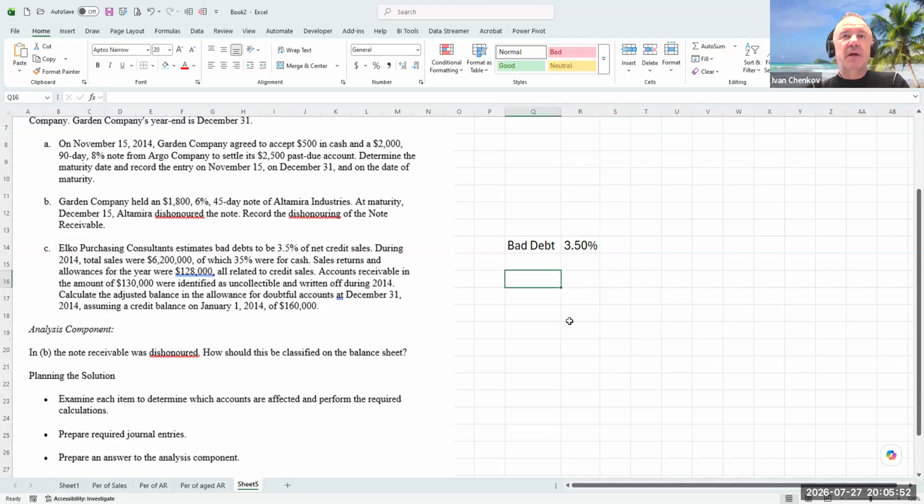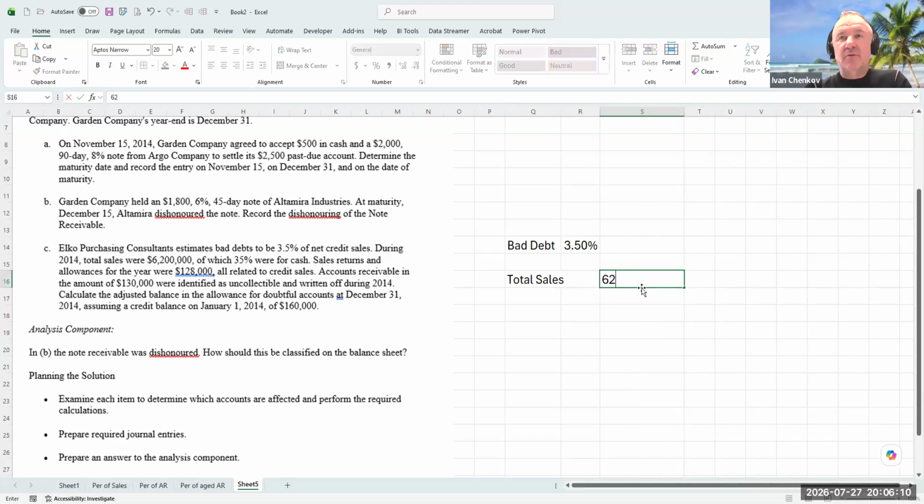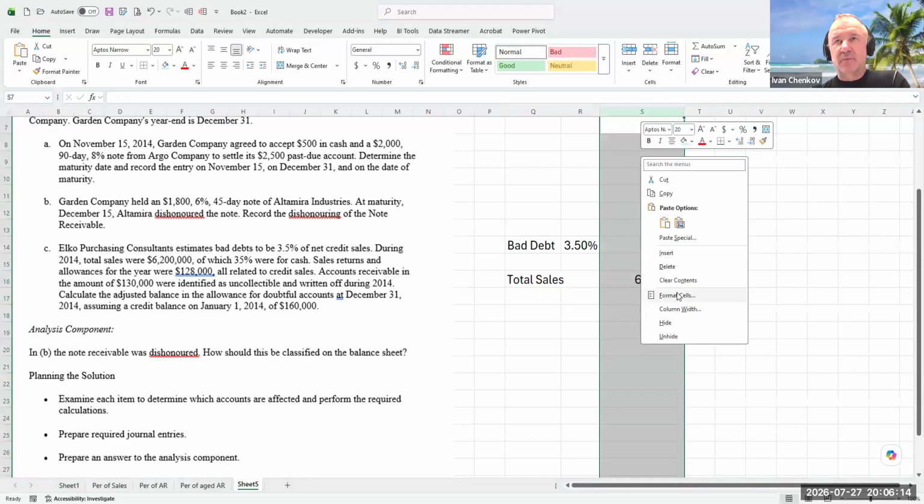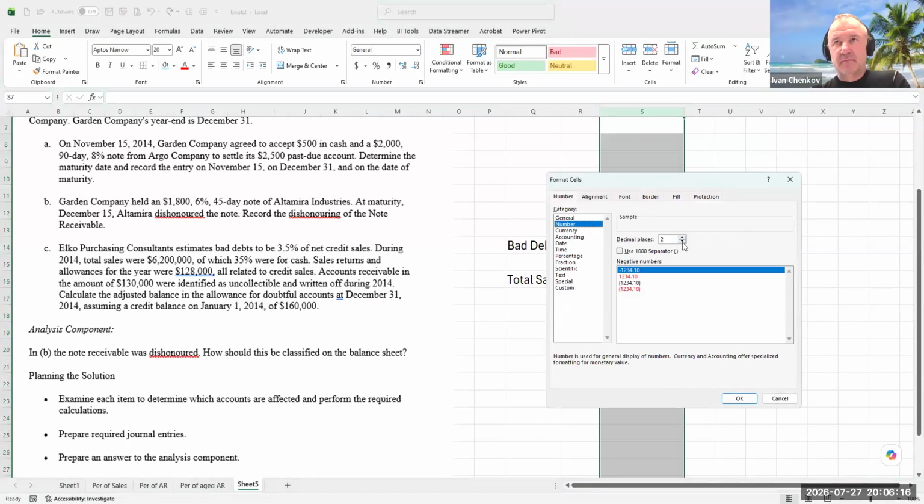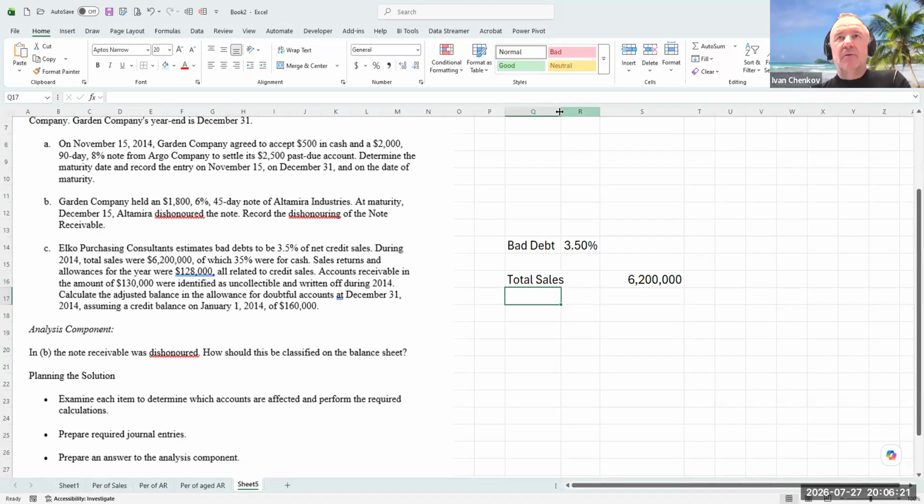So what we have to do now is calculate the net credit sales. During the year, total sales for us are 6,200,000. When I convert this to numbers with decimals, we have total sales of that much.